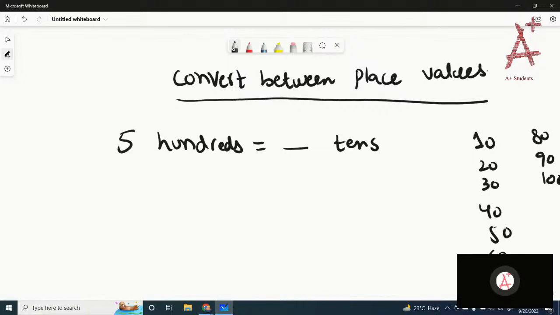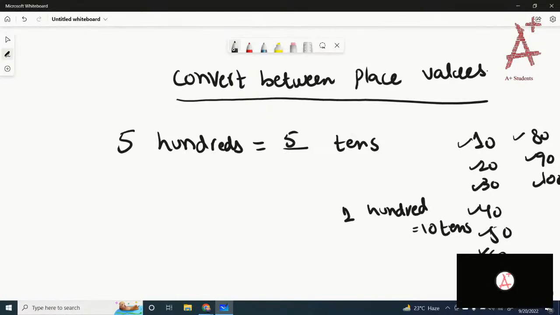So in 100 you have 1, 2, 3, 4, 5, 6, 7, 8, 9, 10. In 100, you have 10 tens.